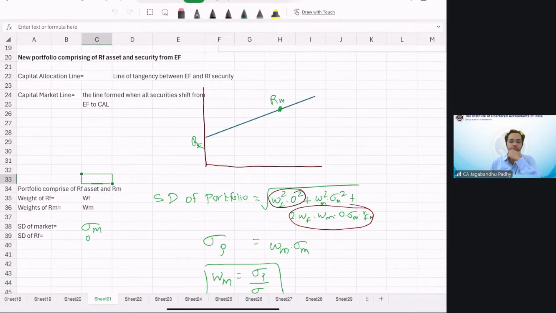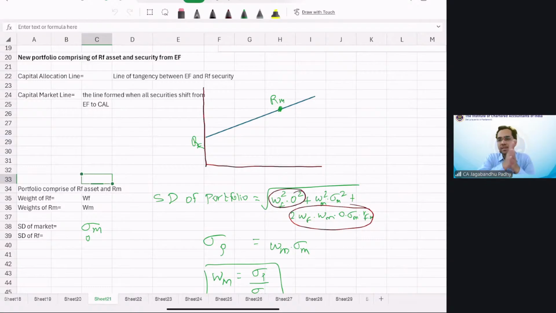So when we consider the possibility of having a risk-free security, which means basically earning some amount of return even without taking any sort of risk, right? That's what we call a risk-free security, right? So when we consider that as a possibility, then the situation changes, and we are faced with a new scenario of including a risk-free security in our portfolio.